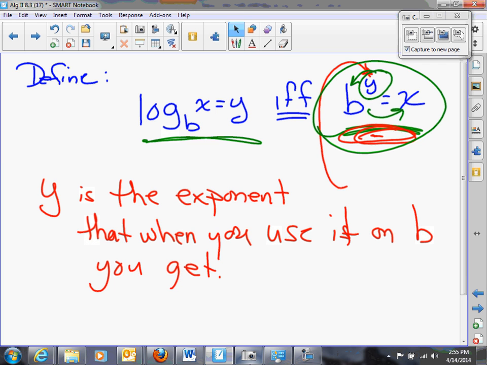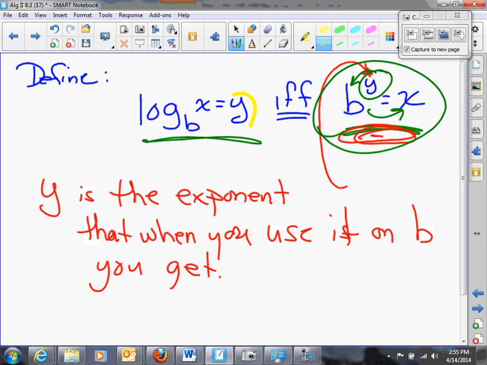Now, look over here with me at this first equation. Remember, y is the exponent on b that gives x.